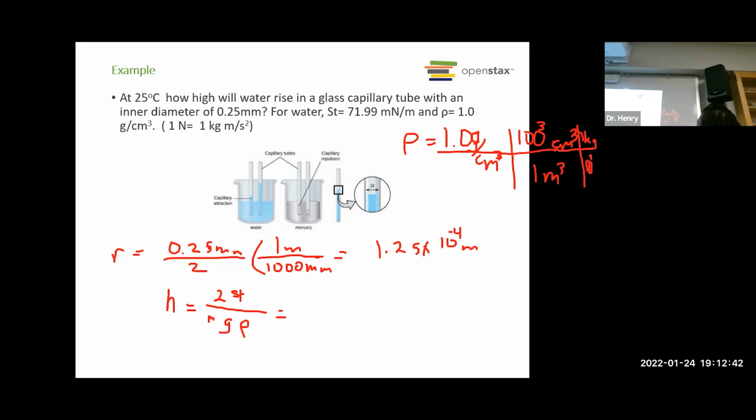So then grams are going to cancel out, centimeters are going to cancel out, and I'm going to be left with 1.0 times 10 to the third kg per meters cubed.